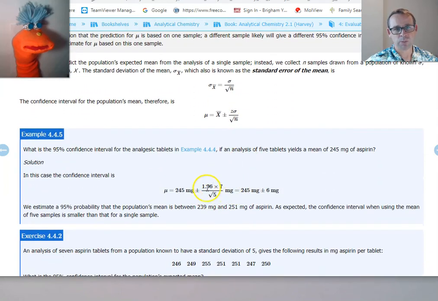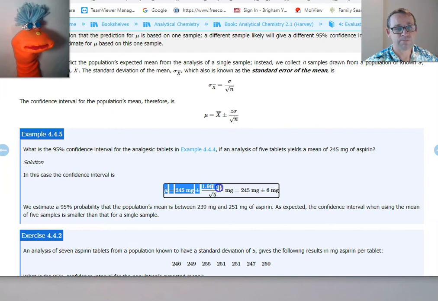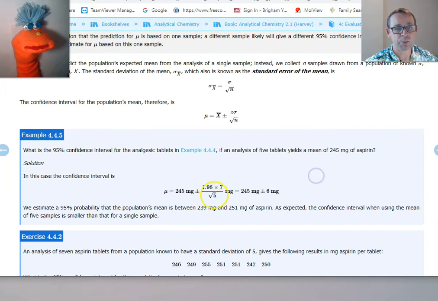If you take more than one sample, it's the same thing, standard deviation times 1.96, but then you get to divide it by the square root of the number of measurements that you make. All right? So that's good, because when you make multiple measurements, the greater this denominator is, the smaller your confidence interval.